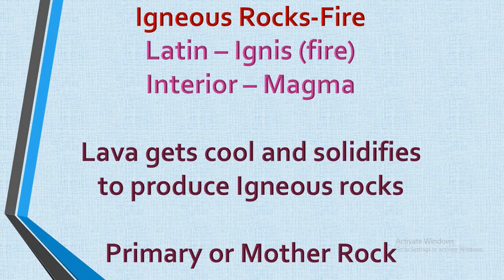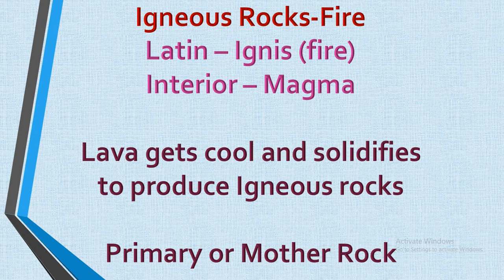So when it is in the interior part of the earth, it is hot magma. When it comes out to the surface of the earth, it cools and solidifies to give igneous rocks. These igneous rocks are otherwise called primary or mother rock.